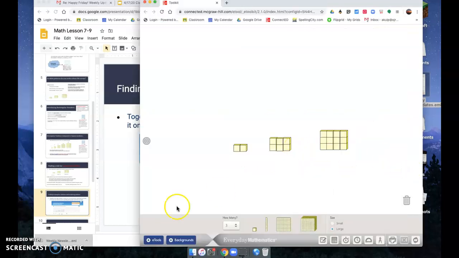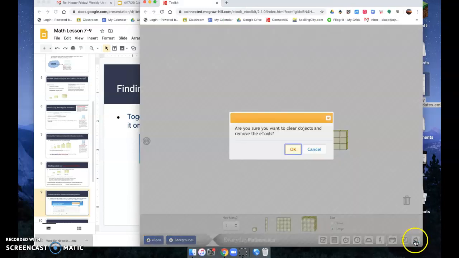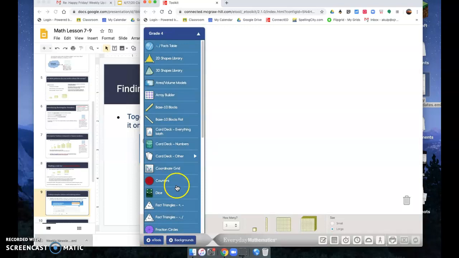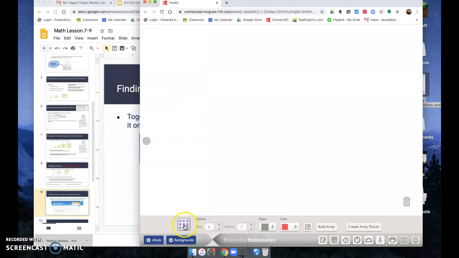I'm going to come over here and clear this screen. I'm going back to our eToolkit, again a great tool if you want to open it up and use it. I was looking for an array builder here. Okay, and I think I have to use stars. Create array picture. I want to make a shape, though. I'll use circle, color black.